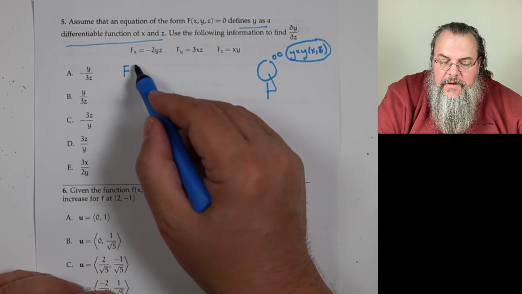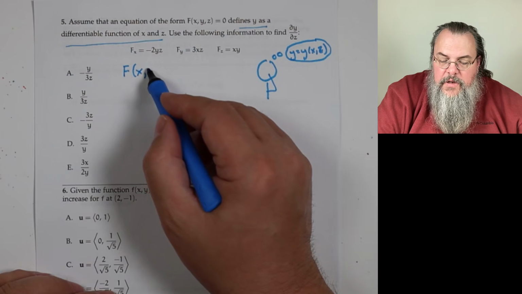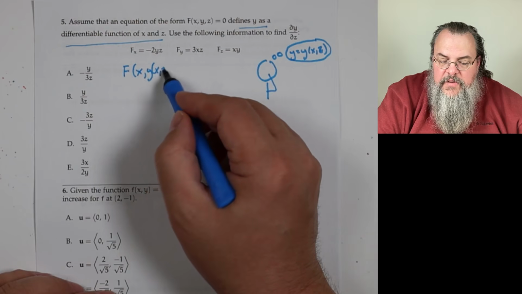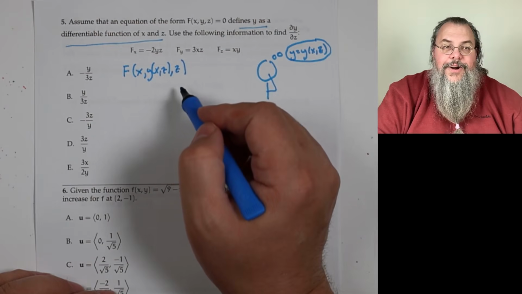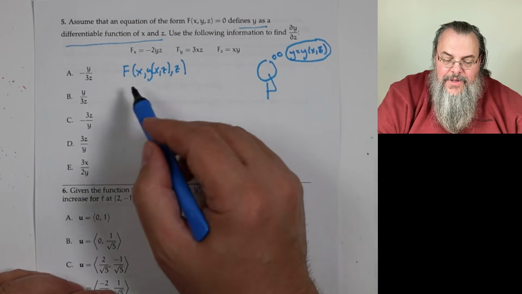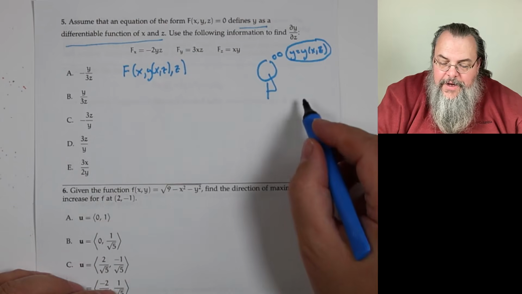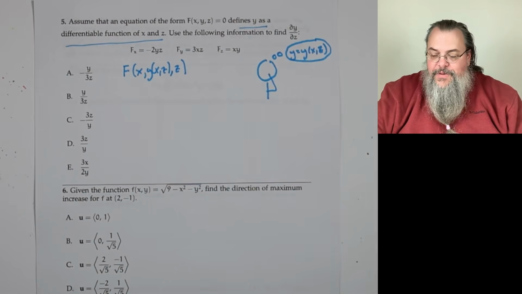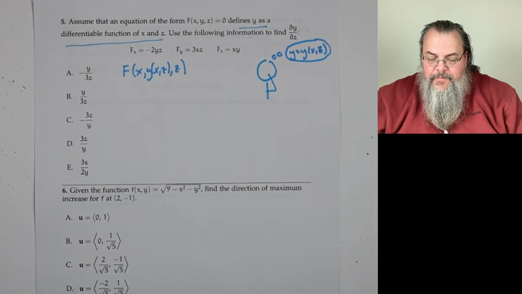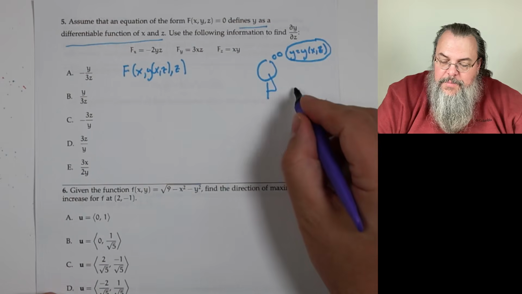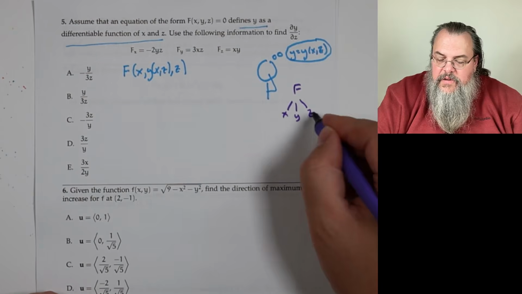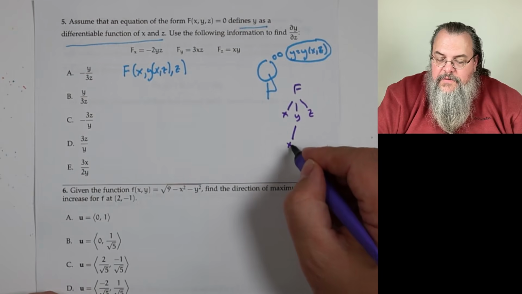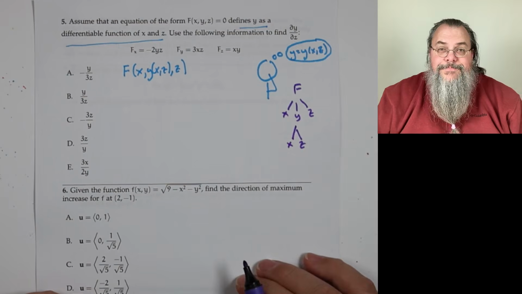Well, it says we have f of x comma y of x comma z and comma z. All right, so here's the diagram that corresponds with this set of variables. We have our f at the top. It depends on x, y, and z, but y is a function of x and z.